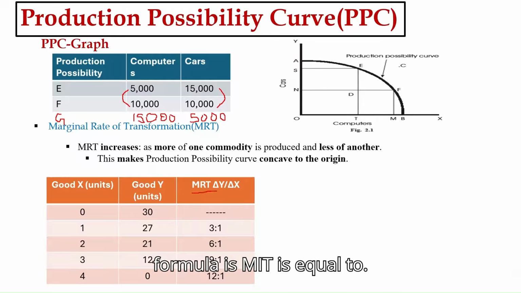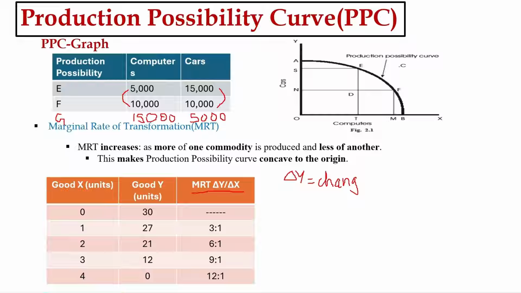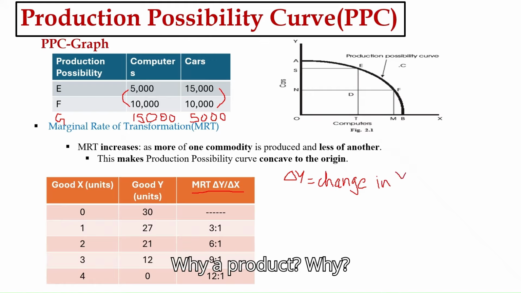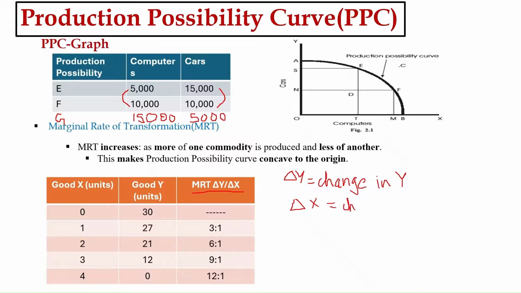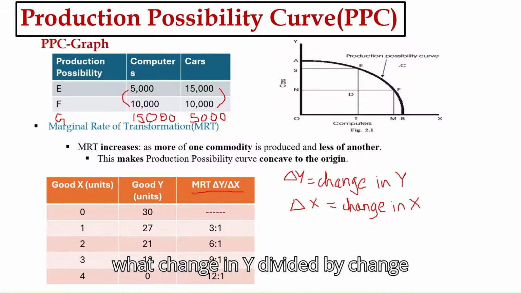The formula is MRT is equal to change in Y by change in X. This is nothing but change in commodity Y, a product Y, and change in X, change in commodity X. So MRT is what? Change in Y divided by change in X.